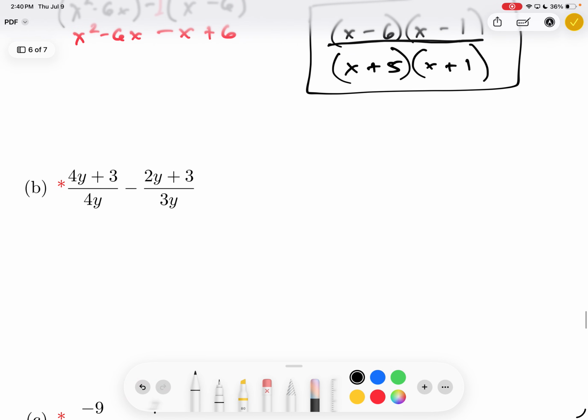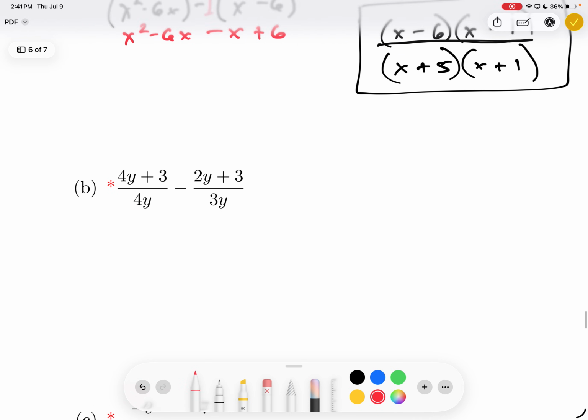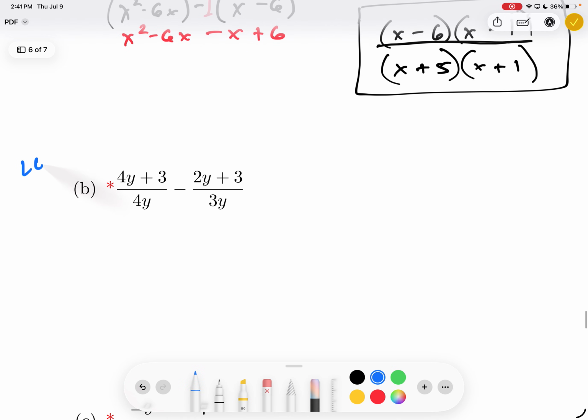All right, B. What is my LCD on B? 12y. So I need this bottom to become 12y and this bottom to become 12y. Okay, so I'm going to multiply this by 3 to make it be 12y.